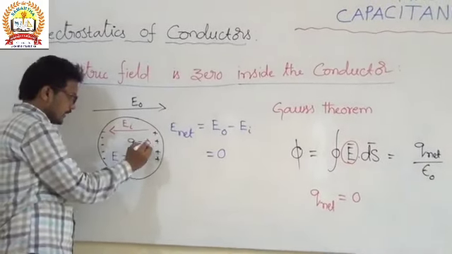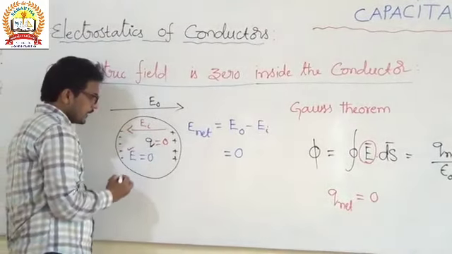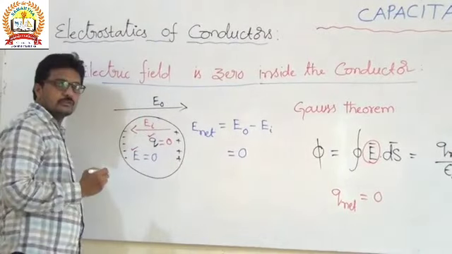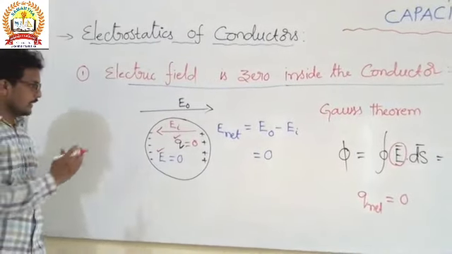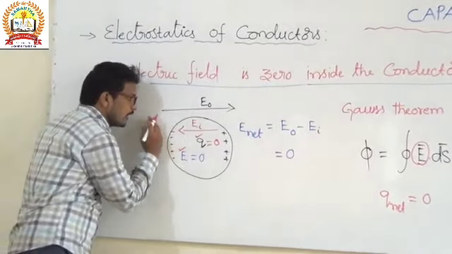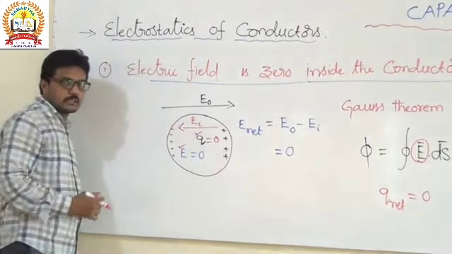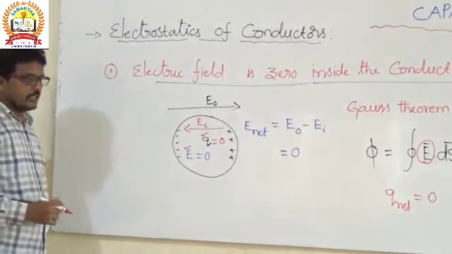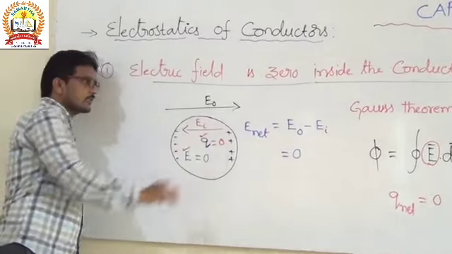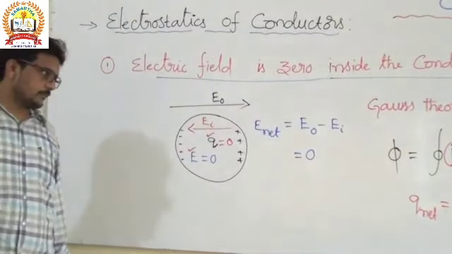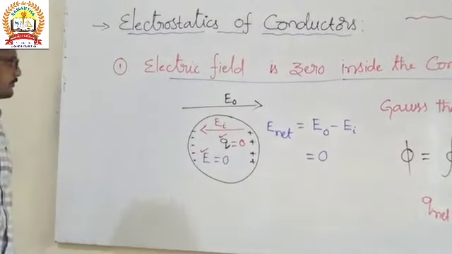So the electric field is 0 inside the conductor and the charge is also 0. It means this charge resides on the outer surface of the conductor. There is no excess charge inside the conductor. That is one of the points.